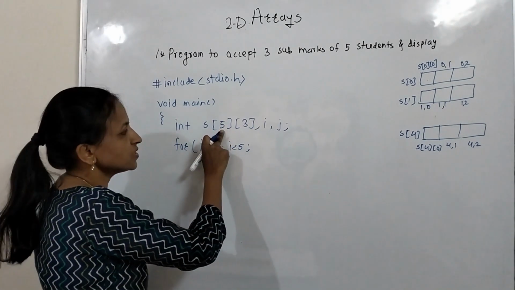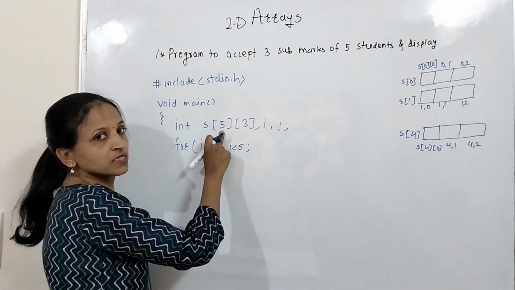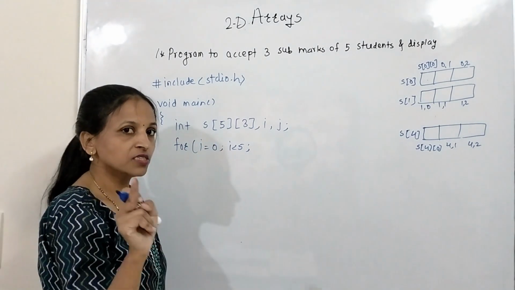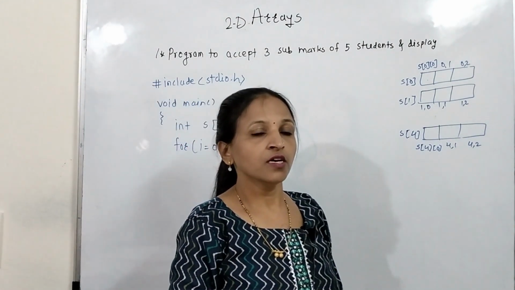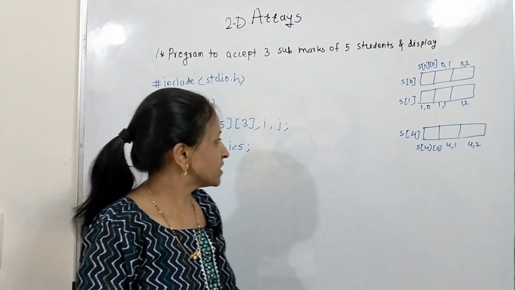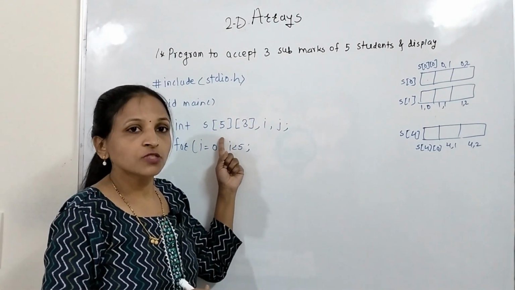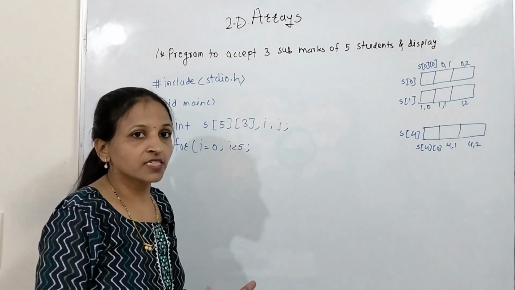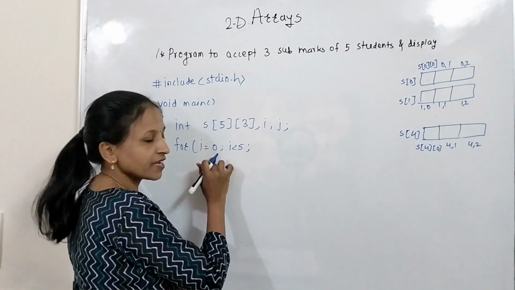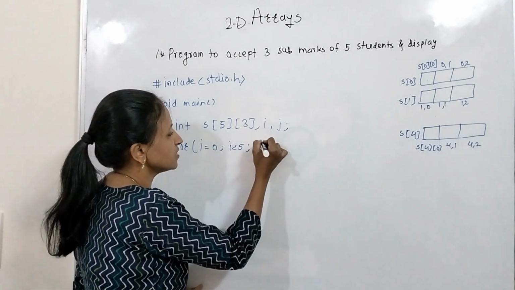Here 5 means, see, this is nothing but the row size. Always the outer loop should get executed as many times as whatever is specified here as the row size. Okay, like I equals to 0, I less than 5, I plus plus.